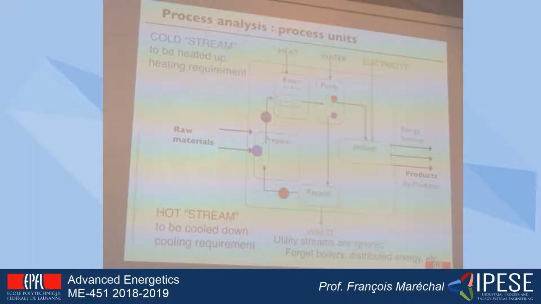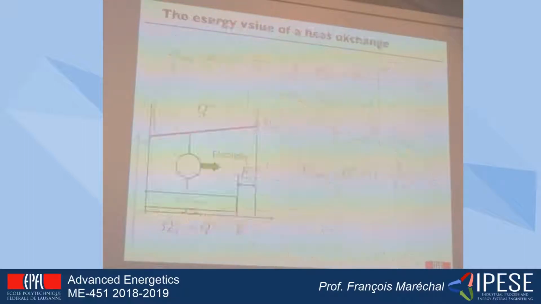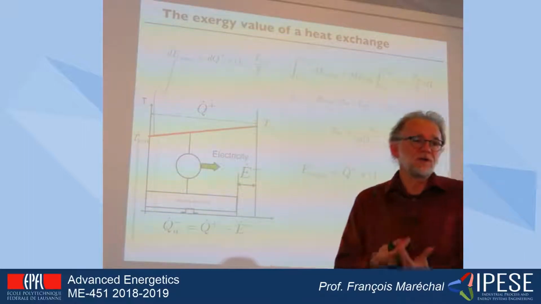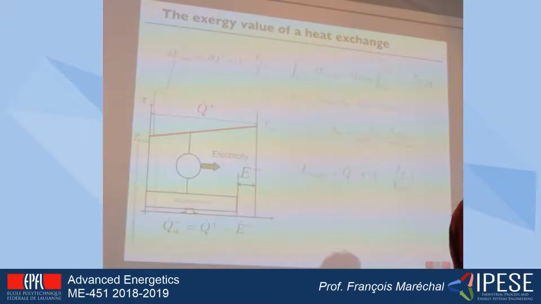What is the consequence? When I have a stream to be heated, I know that I will have to supply exergy to it. And the exergy is the value of the work that is needed when I have to heat a stream, or that can be obtained when I have to cool a stream. From this, I can conclude that when I have to heat a stream, I have to try to heat it with the lowest possible temperature.